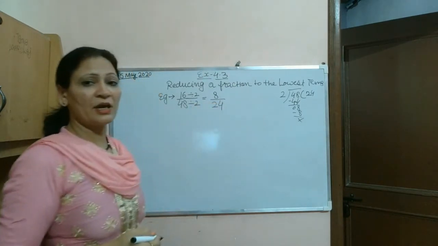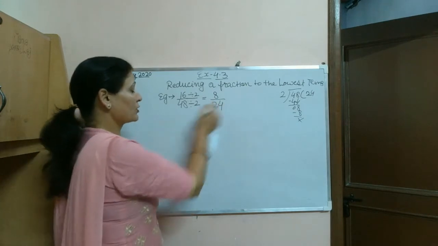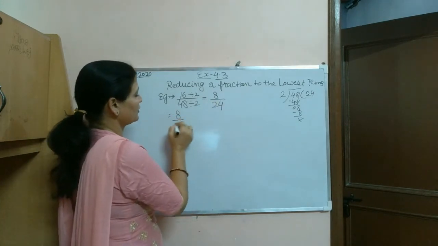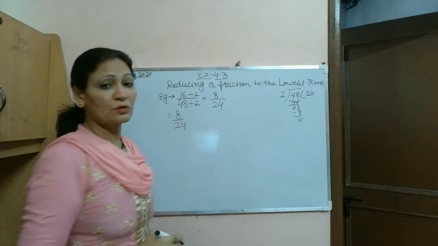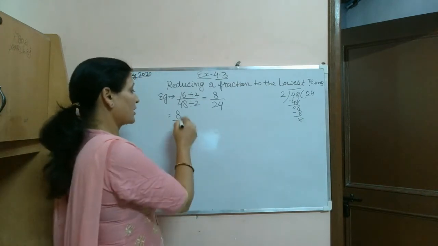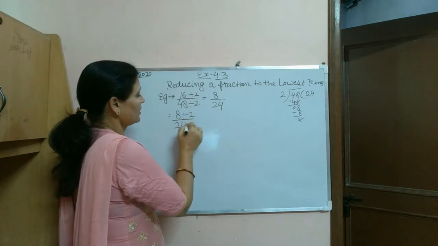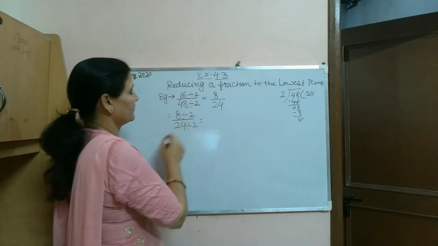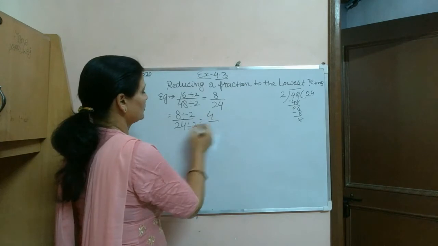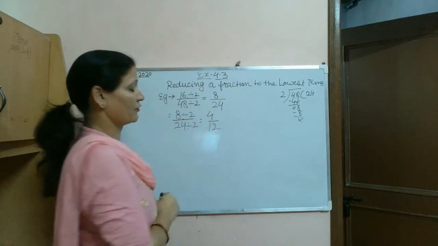Now again 8 upon 24. How do we cancel it? Again both 8 and 24 come in the table of 2. 2 4s are 8, 2 12s are 24.